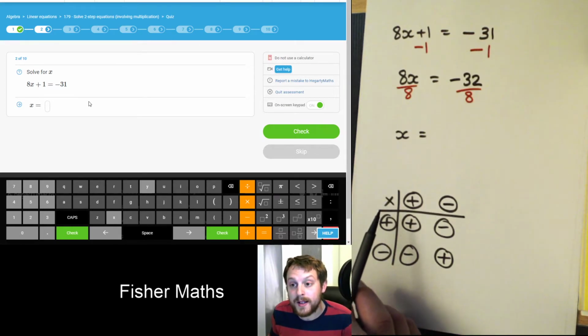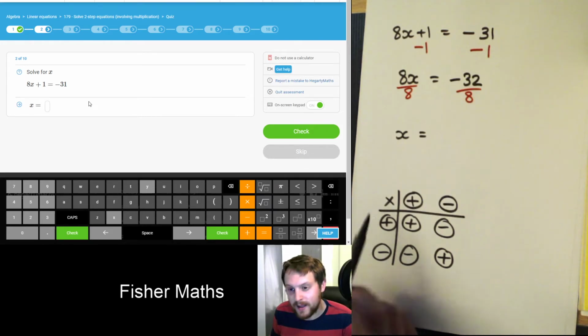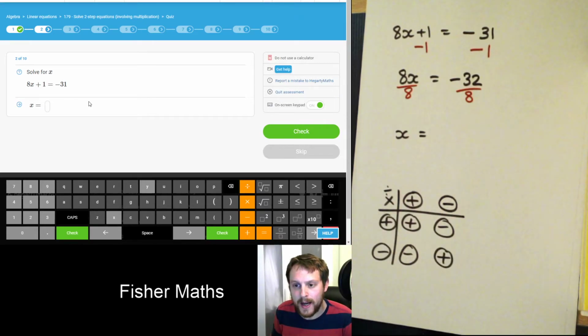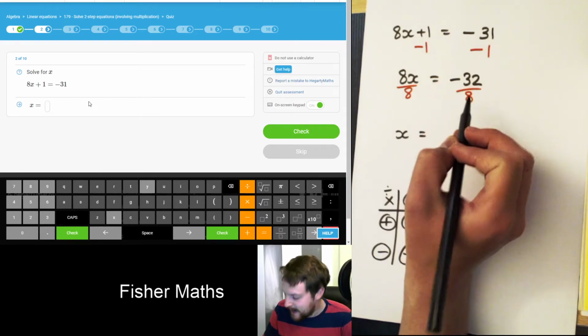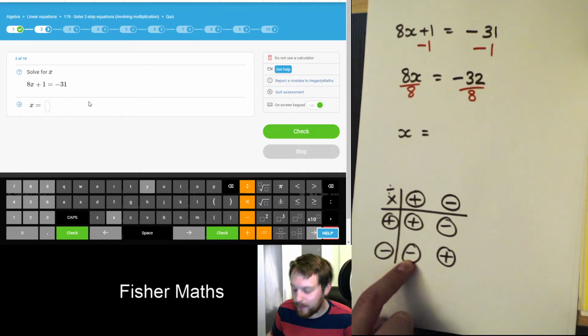And the point is that this is true for divide as well. So not just times, but divide. So I could have written divide here as well. Bit easier to explain with times, but it's also true for divide. So negative 32 divided by 8 is a negative divided by a positive, which is a negative.